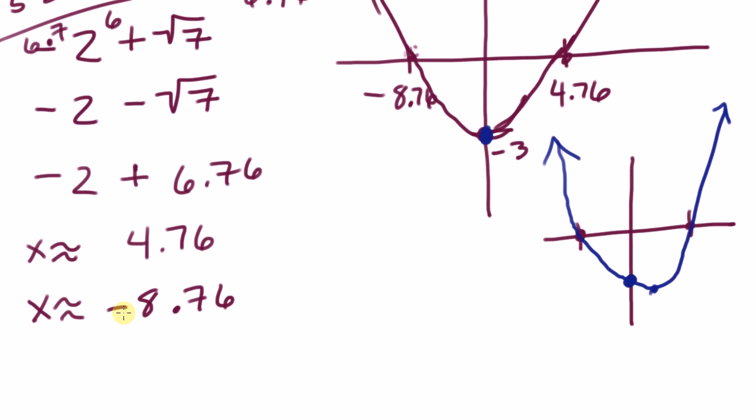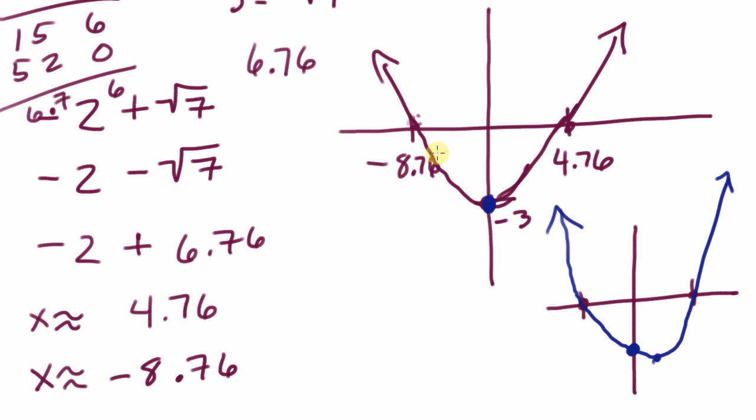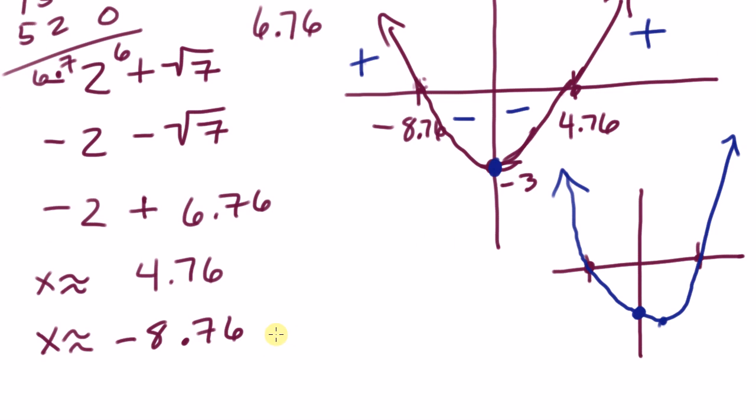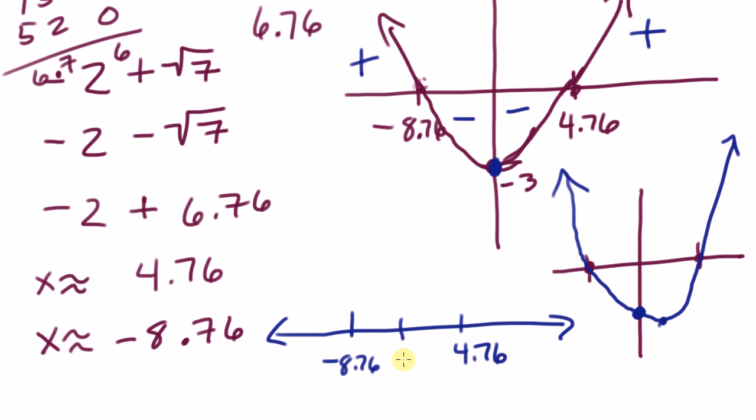But okay, so now we can look at this intuitively and say, okay, from the left of negative 8.76, there are positive values. These are negative, and these are positive. So we can graph a solution, and we can say, okay, this is negative 8.76, and this is an approximate solution, but this is really close.